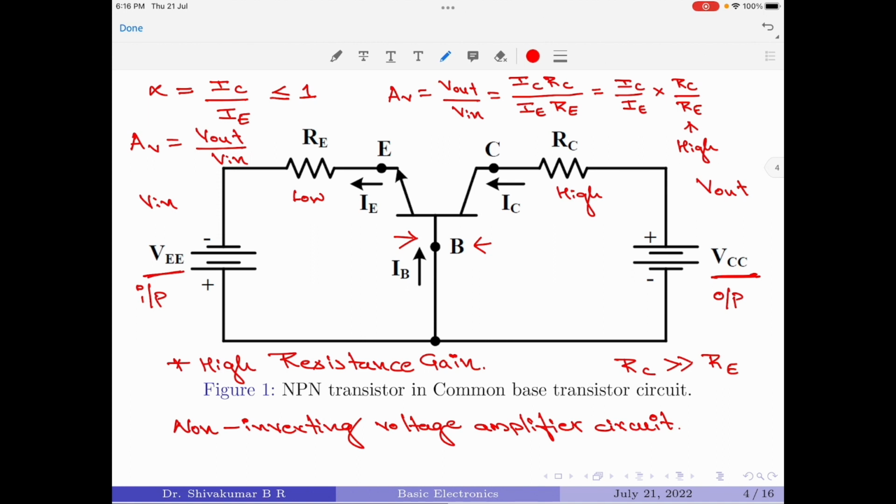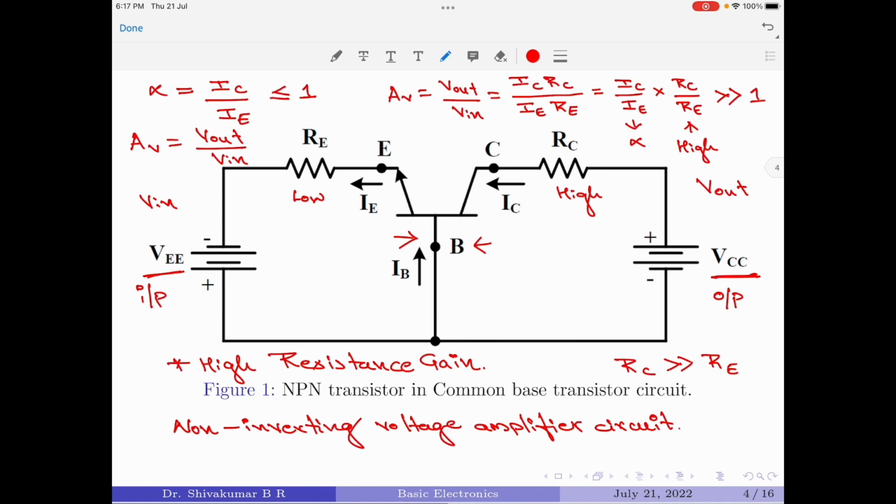Also, we have noted that the value of IC divided by IE is nothing but the current gain alpha, and although the value of alpha is less than or equal to 1, because of the ratio RC divided by RE, which is very high, the overall voltage gain will be considerably larger than 1. So, we can now say that the common base configuration has a very high voltage gain.